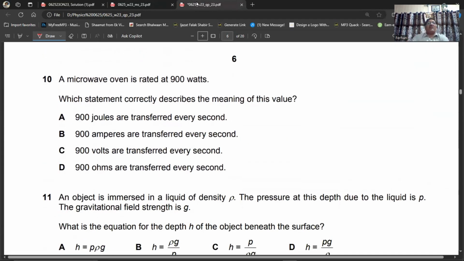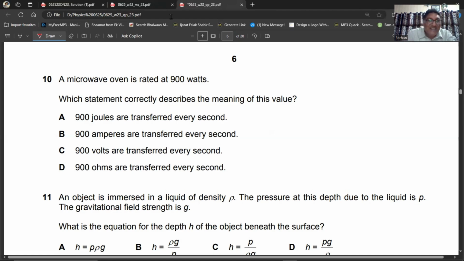Question number 10. It says a microwave oven is rated at 900 watts. Which statement correctly describes the meaning of this value? 900 watt is the rate of transfer of energy, that means 900 joules of energy is transferred every second.